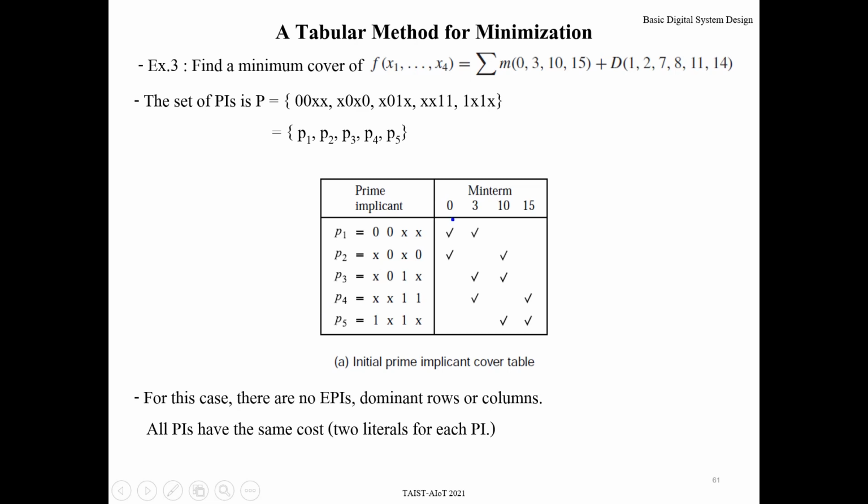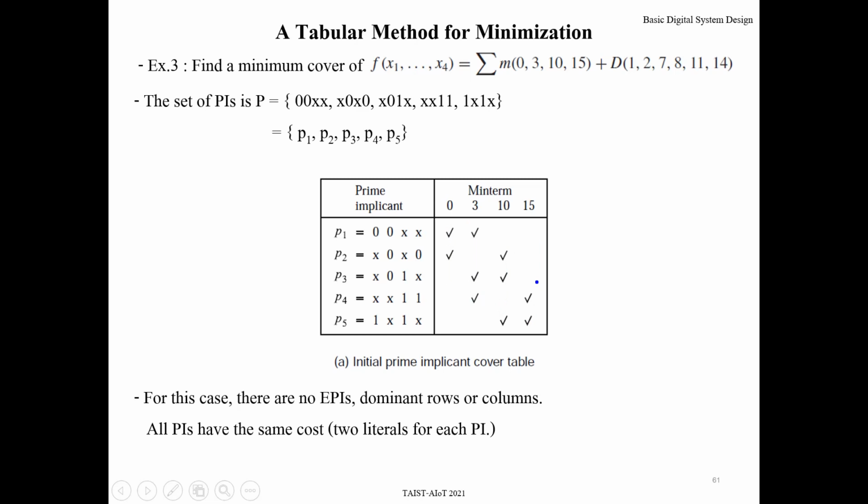Which must cover these 4 minterms. Okay. So now let's consider: is there some essential prime implicant? No. Dominating row? No. Dominated column? No. Oh, cannot reduce.